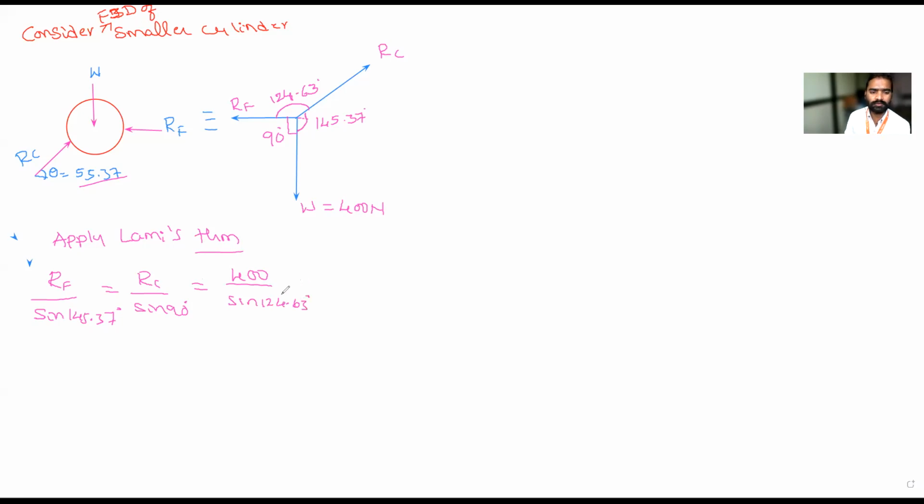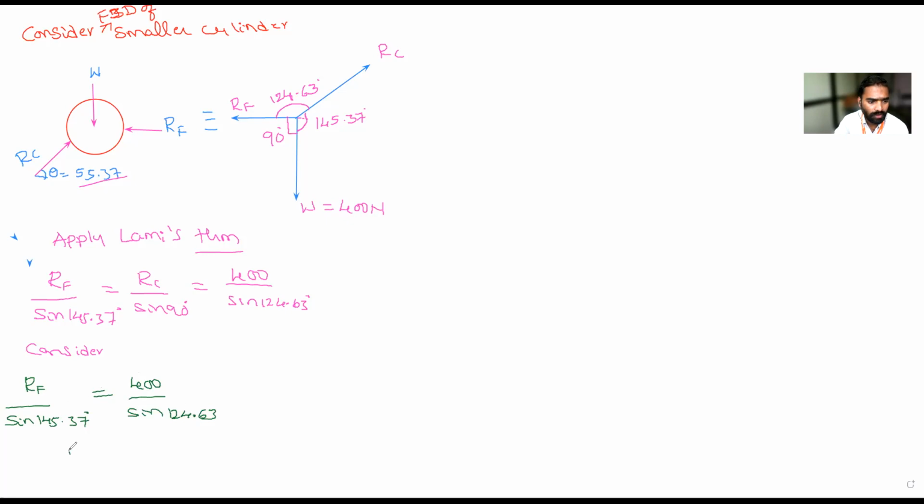Okay, now I want to find out RF and RC. Consider any two values. I will consider the first and third terms. So RF upon sine 145.37 degrees is equal to 400 upon sine 124.63.